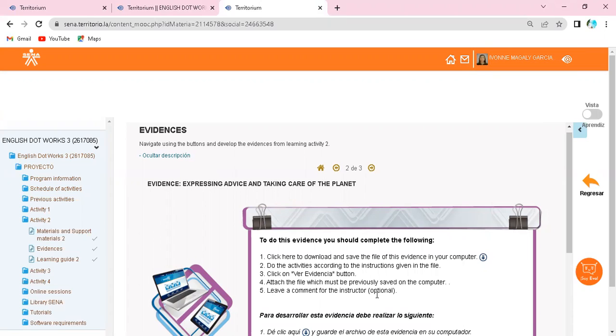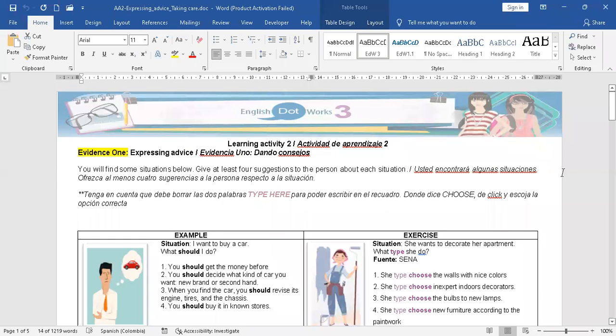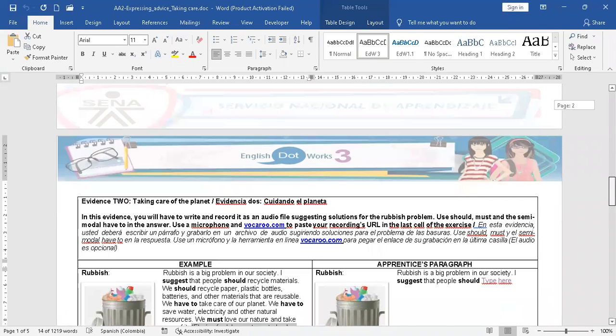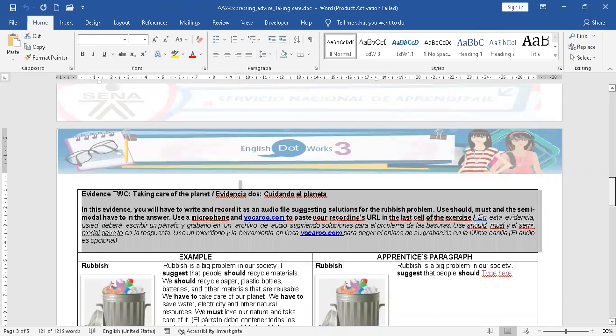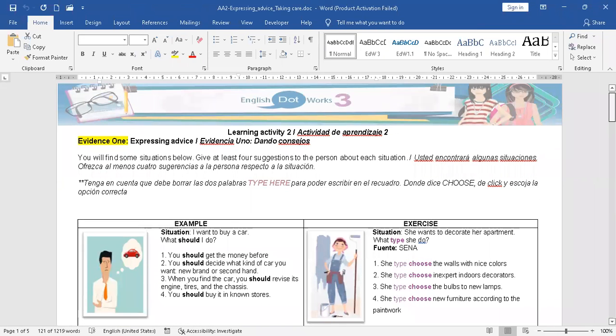So here we have a new slide for you. Expressing advice. Here we are. So learning activity 2, we have evidence 1 and evidence 2. Ok, tenemos 2 evidencias en la misma.